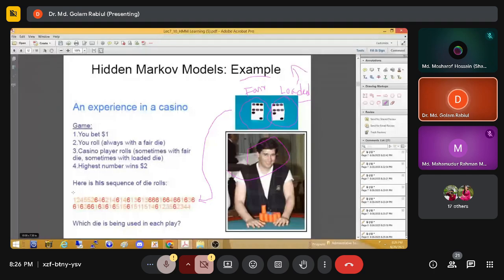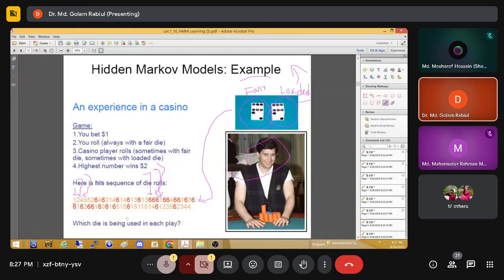Sometimes the casino player plays and we observe just 1. In the second play, we observe 2. In the third play, we observe 4. In this way, maybe we then observe 6, and again 6, and again 6.